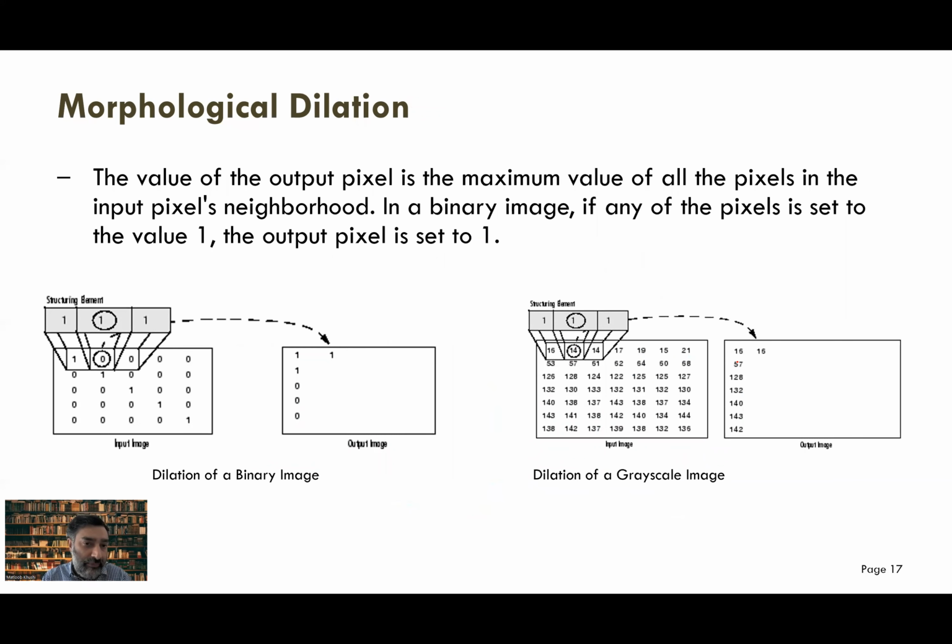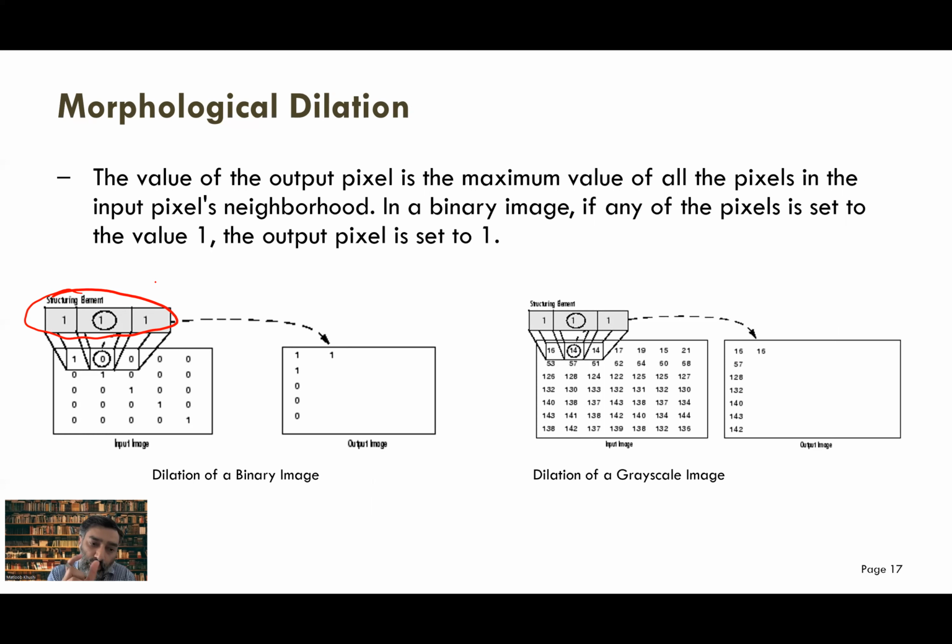Here we only have two types of morphological operation. One is called dilation. Dilation means you're making things bigger. Like when you dilate the syrup, what do you do? You put more water in it, right? So dilation means you're making things bigger. This is your structuring element, and this is a very simple structuring element where we only have one row and 3 pixels, and each one of them is 1.